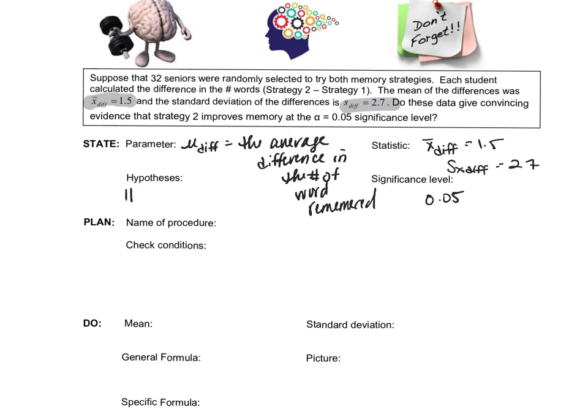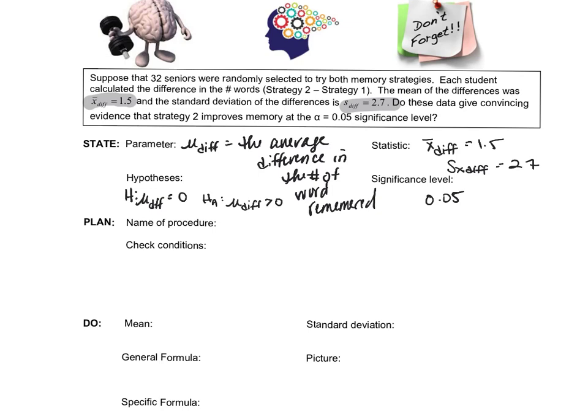Our null hypothesis is mu sub difference equals 0, and our alternative hypothesis is mu sub difference. Well, what do they want to know? Do the data provide convincing evidence that strategy 2 improves the memory? So if it improves the memory, then it would be greater than 0.